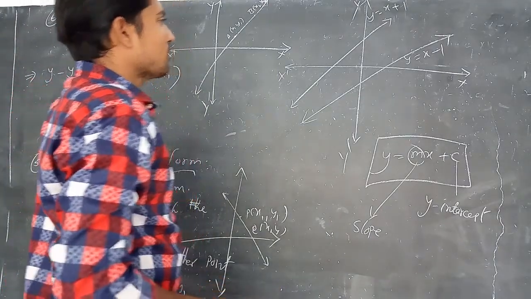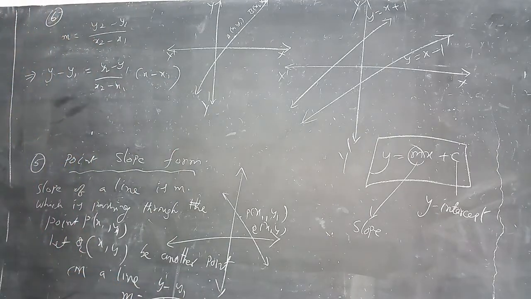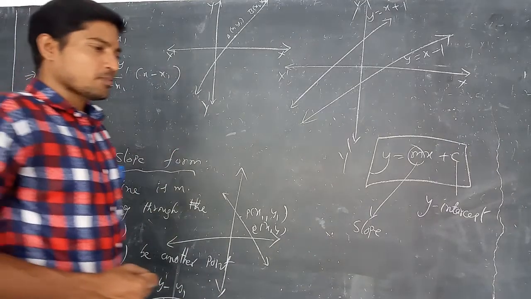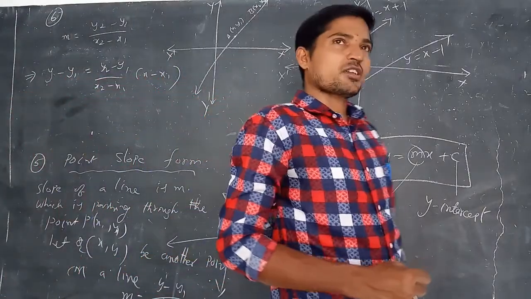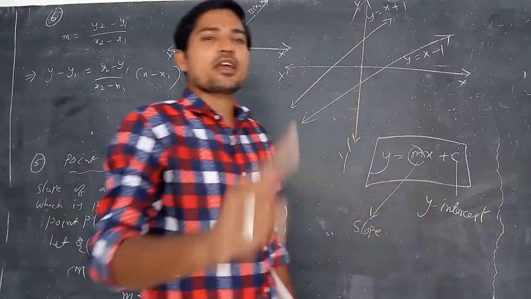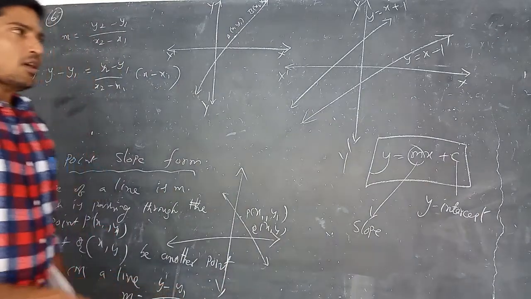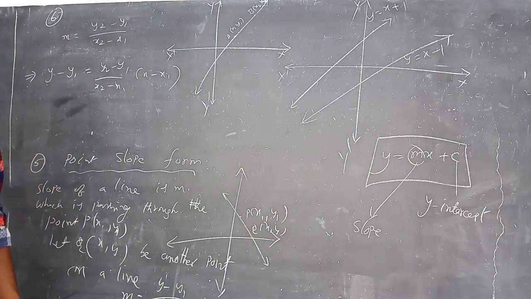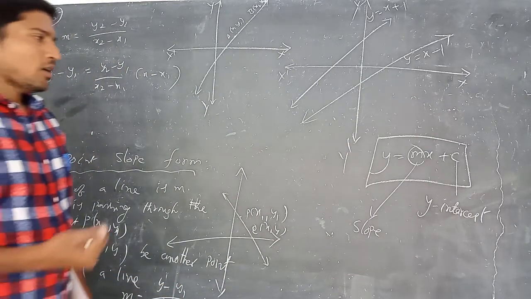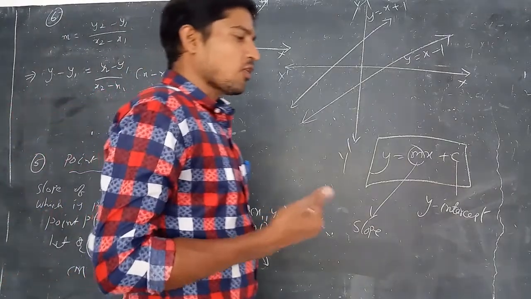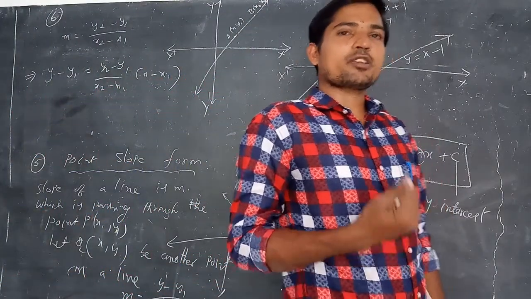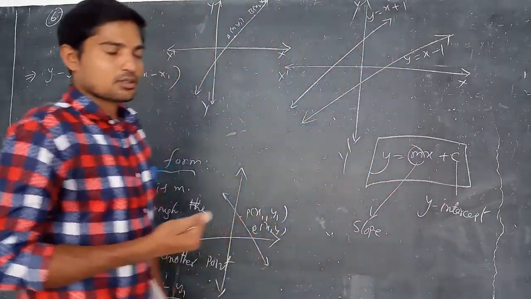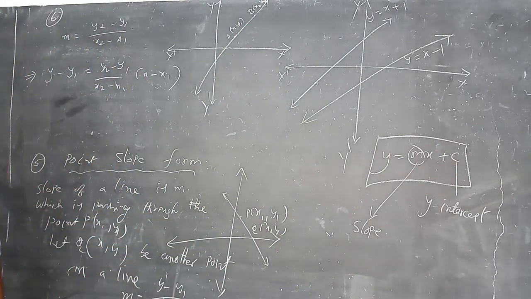Up to now we discussed the slope of a straight line. ax plus by plus c equal to 0 represents a straight line, where a and b are not simultaneously 0. Then the slope of that line is minus a by b. Then the intercept form of a line equation is x by a plus y by b equal to 1, where the x intercept is a and the y intercept is b.